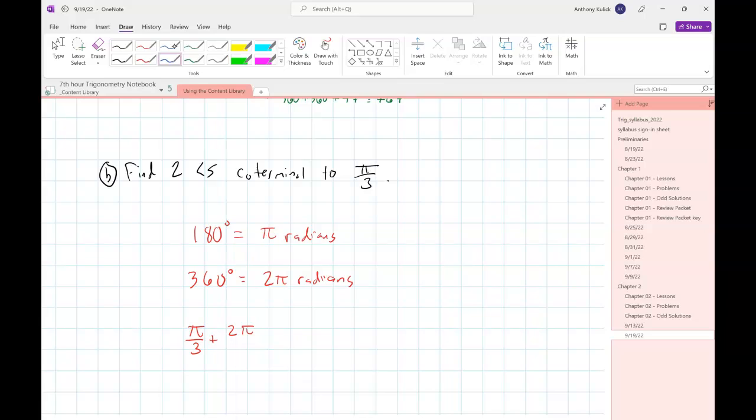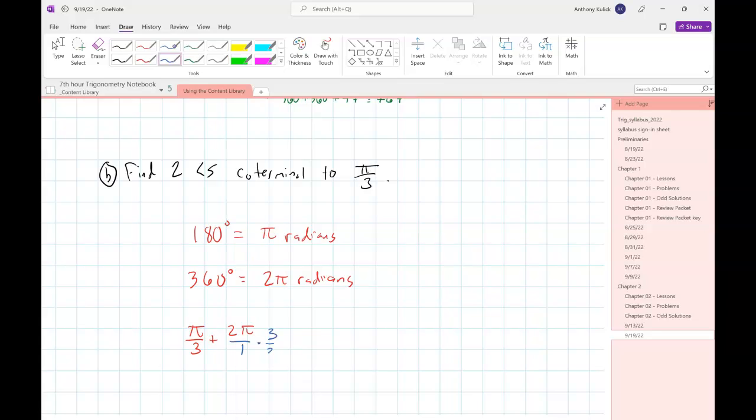Okay, how do I add pi over 3 plus 2 pi? No, we don't need to use our calculator. I mean, you could. I want an exact answer, though. We could make a common denominator to add the two fractions. What would the common denominator be in this case? 3.